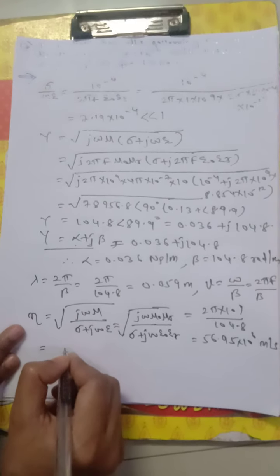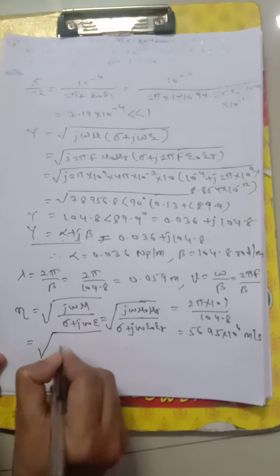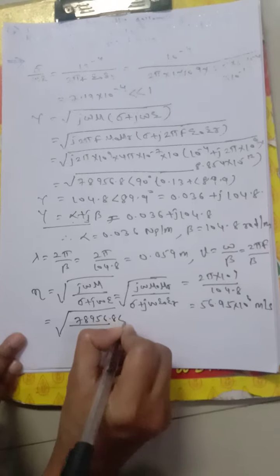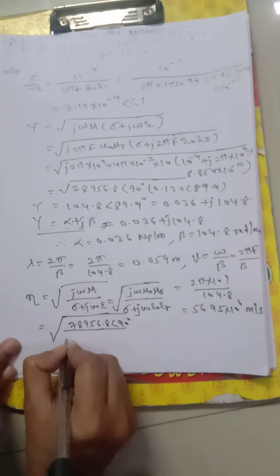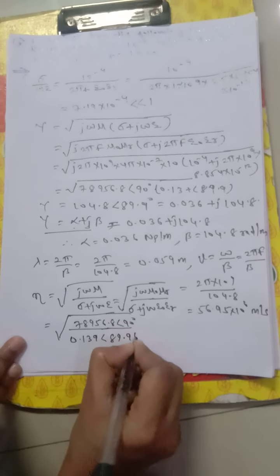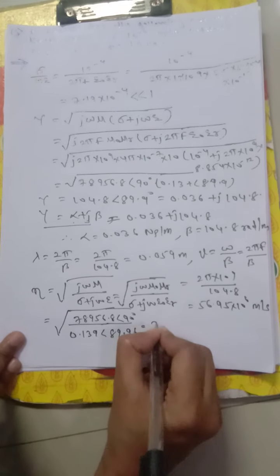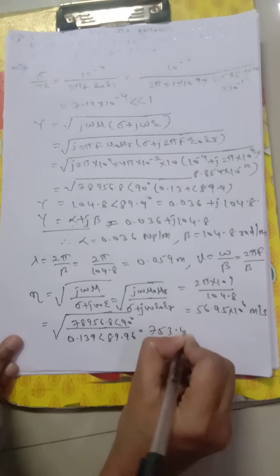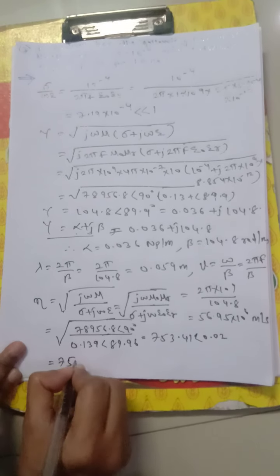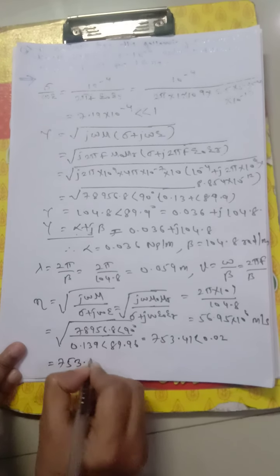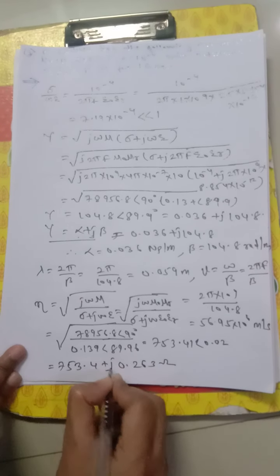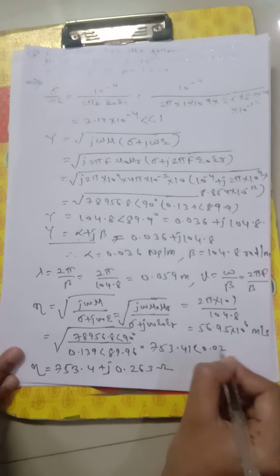If you substitute these values, you will get 78956.8 angle 90 degrees in polar, and similarly 0.139 angle 89.96 degrees. With the calculator you will find 753.41 angle 0.02 degrees. Converting to rectangular, 753.4 plus j 0.263 ohm. So this is the rectangular form, and that is the polar form.